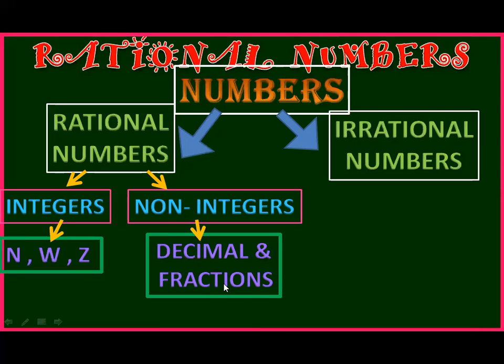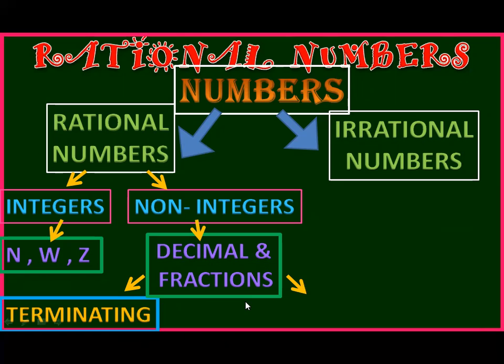In fractional and decimal numbers, you have terminating decimals. When you divide a number by another number, if the decimal stops, you get a terminating decimal. For example, 5 by 2 is 2.5. It terminates, it doesn't continue. Whereas if you take 10 by 3, it goes on: 3.3333 keeps repeating.